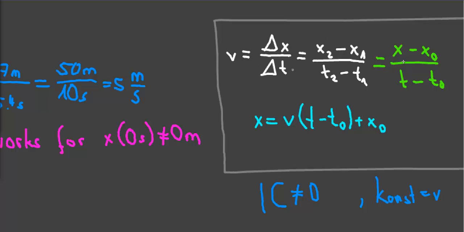Now, this formula, v is equal to x minus x0 divided by t minus t0, we can rearrange a bit, and we get x and t if we want to. So x is equal to v times t minus t0, plus x0.